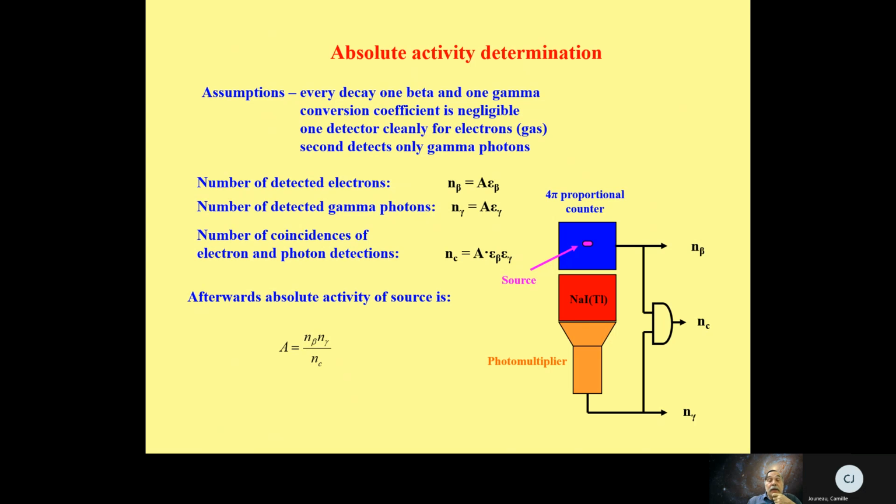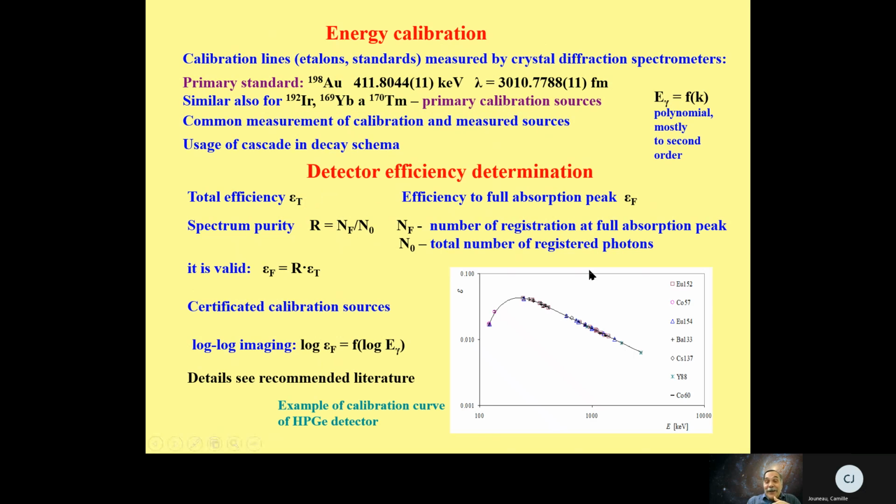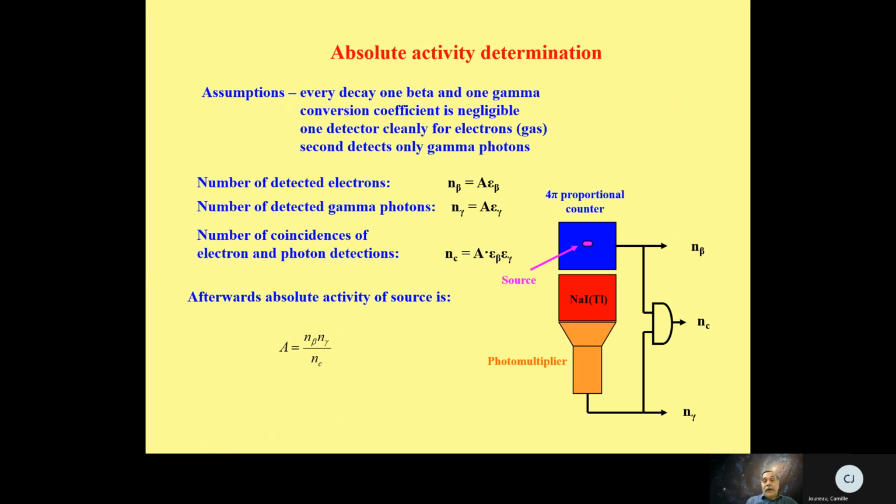For example, if you want to obtain a calibration source, which can afterwards be used for efficiency measurement of different detectors, it is necessary to have a calibration source or radionuclide which emits one electron, that means one beta, this is a beta source, and after that one gamma.